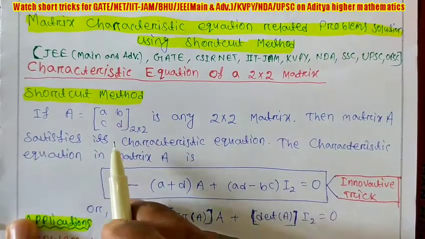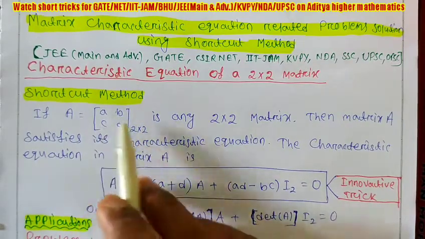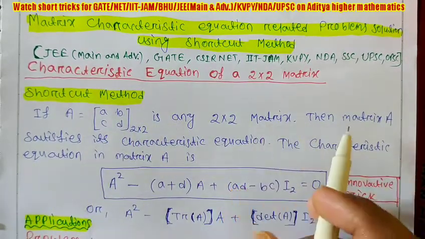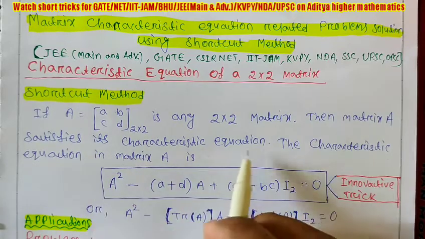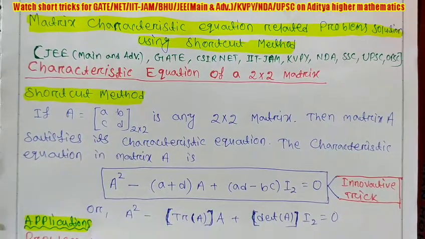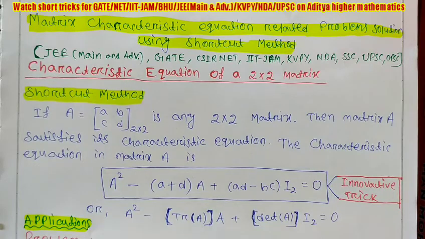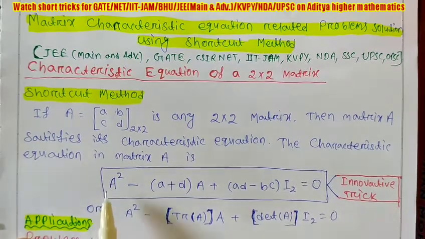Actually, when it is a 2 by 2 matrix, you will get the elements like this: a, b, c, d, total 4 elements. Then matrix A satisfies its characteristic equation. Actually, all the matrices satisfy their characteristic equation. Then the characteristic equation in terms of A I am writing here, because every matrix satisfies its characteristic equation.